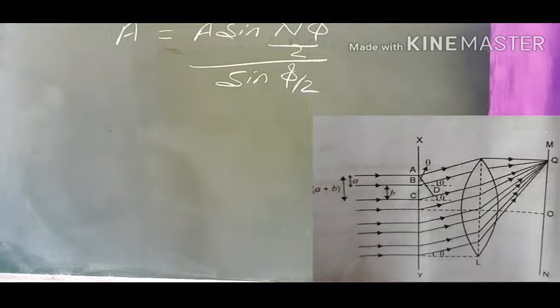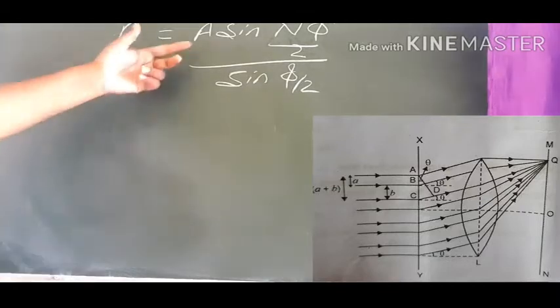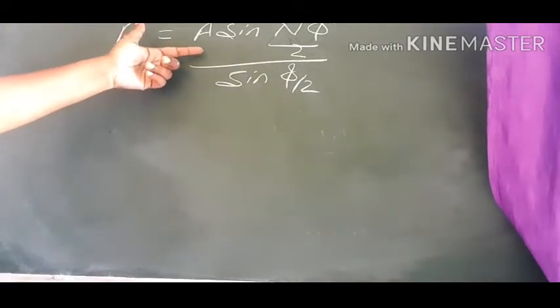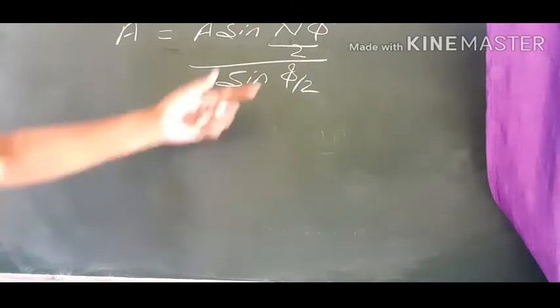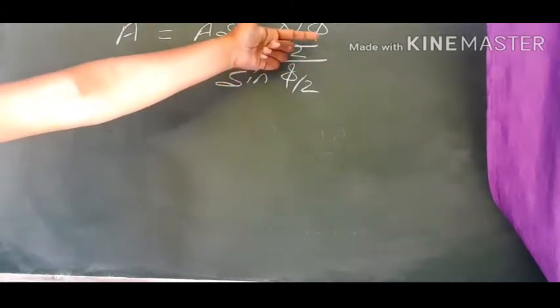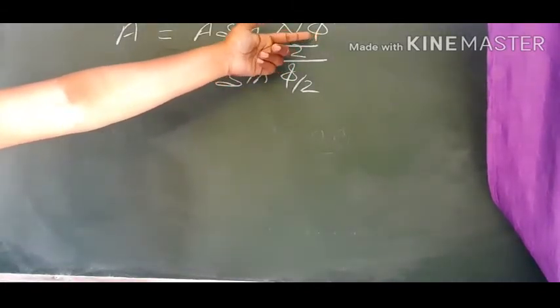And we know A is equal to A naught sin alpha by alpha. In this case, phi should be the phase difference between the two consecutive slits.